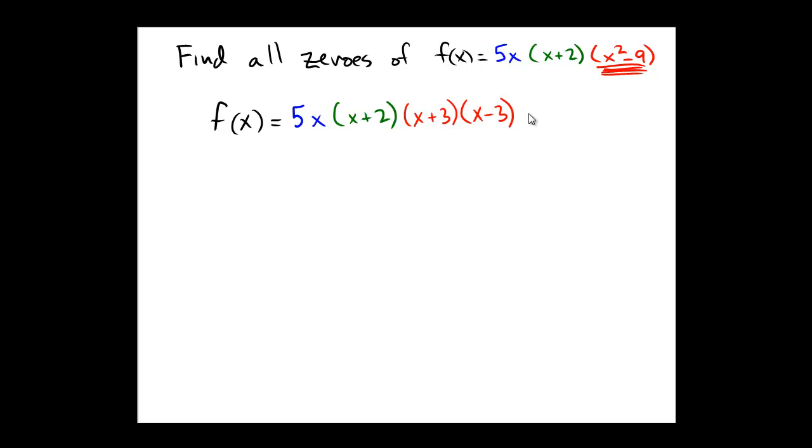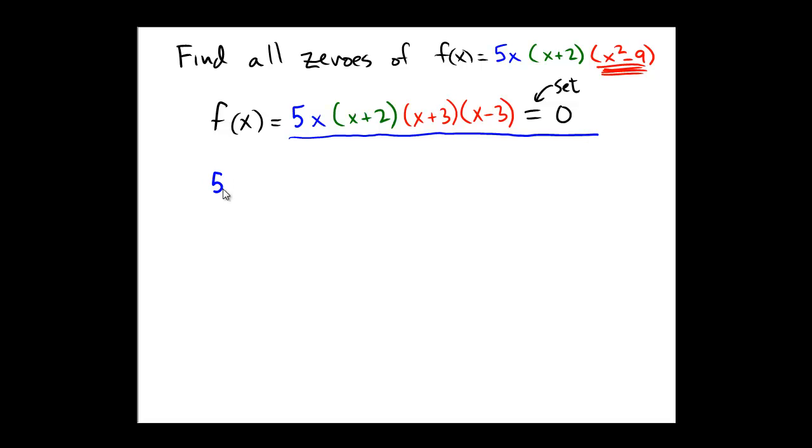Then in order to find the zeros, we set this function equal to 0. The zeros are also sometimes referred to as x-intercepts because the graph would cross the x-axis at these places. Now by the ZPP, the zero product property, this expression saying 5x, x plus 2, x plus 3, x minus 3 equals 0 is going to only work if one of the pieces that's being multiplied equals 0.